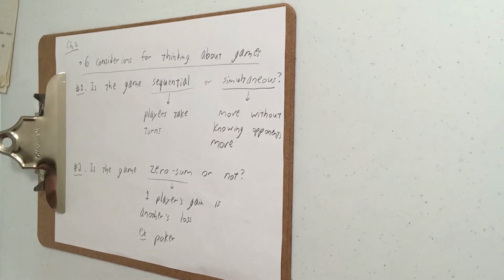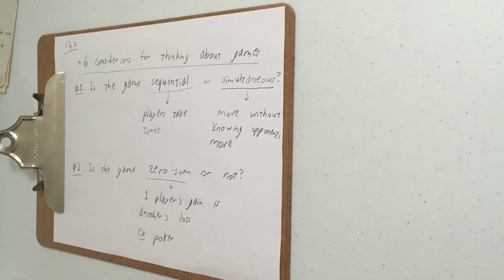Now, why it's relevant if a game is zero-sum or not, it's because it affects the players' willingness to cooperate. So in a game like poker, the players are probably not going to cooperate at all. If I help somebody else, I'm just helping them beat me. I can't win at the same time as they win.